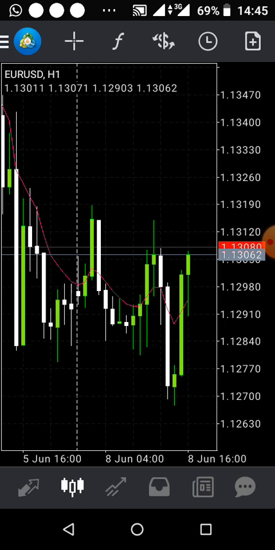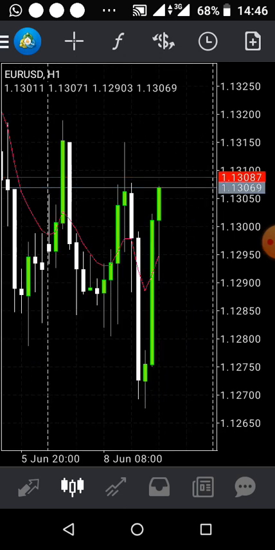The last candle ended as a green candle. It shows that the market in the last 1 hour was bullish. Of course, the time frame I'm using here is 1 hour. If you can see at the top left of your chart, we have H1, that is 1 hour chart.